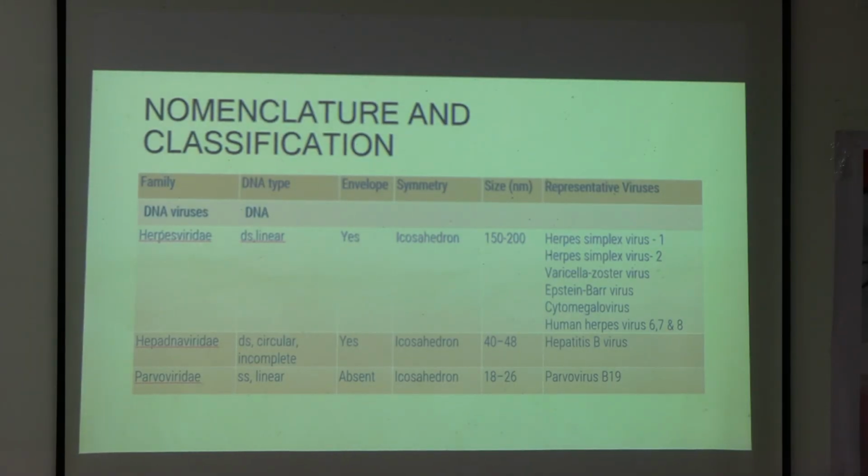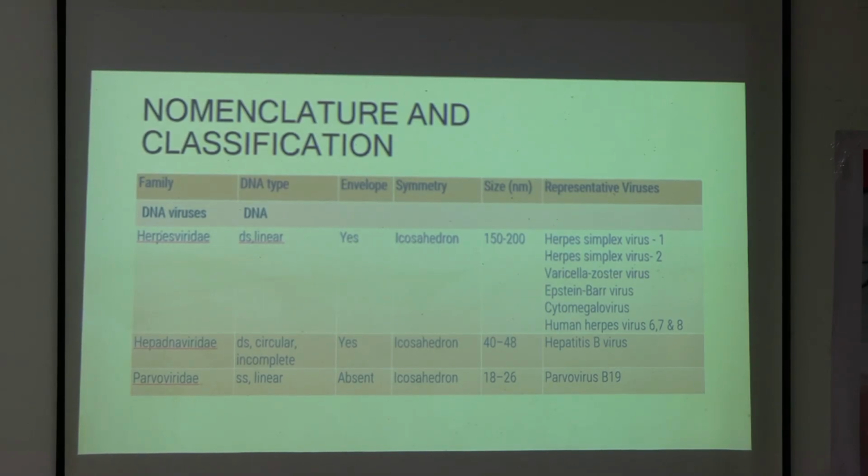Another way to classify is depending on the nomenclature. I told you, depending on the type of genetic material they have, it is either DNA virus or RNA virus. In DNA viruses, when you classify, you have to remember these headings: the family, DNA type, envelope, symmetry, size, and representative virus.